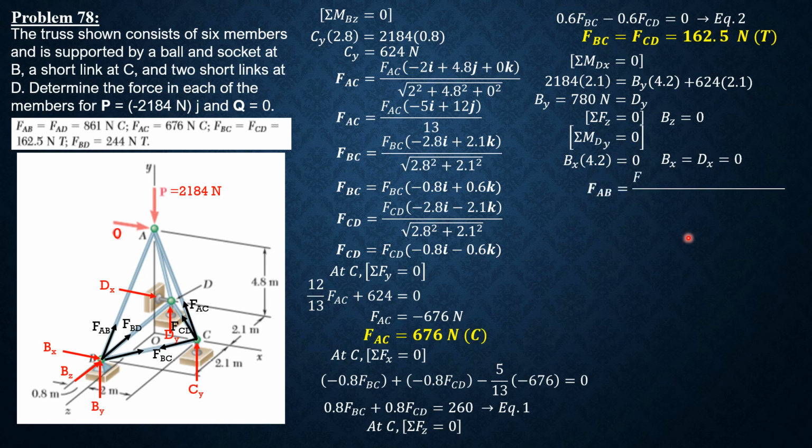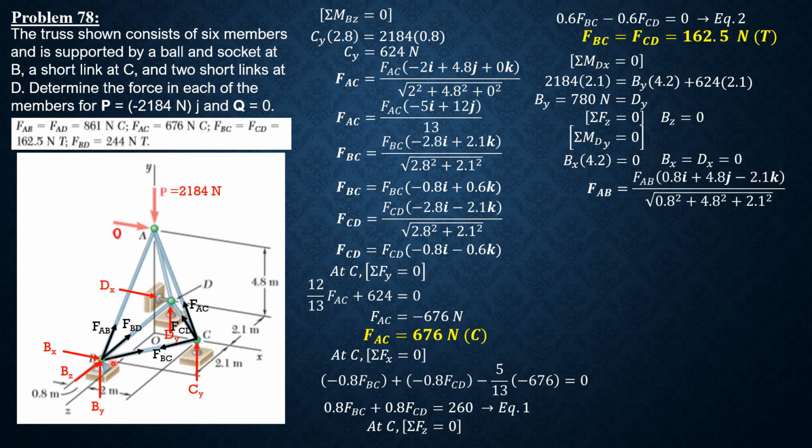Then at B, summation of forces in y. By the way, FAB in vector form is the magnitude of FAB. Supposedly it is FBA, but I just call it FAB. It is directed up, to the right, and backward.